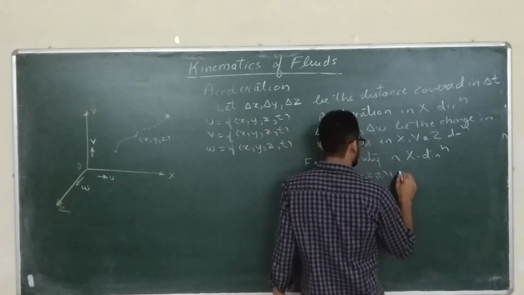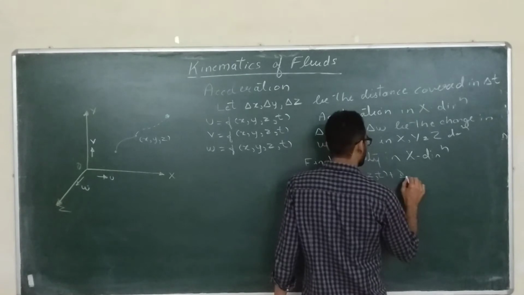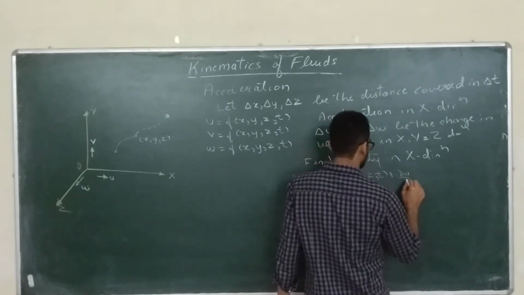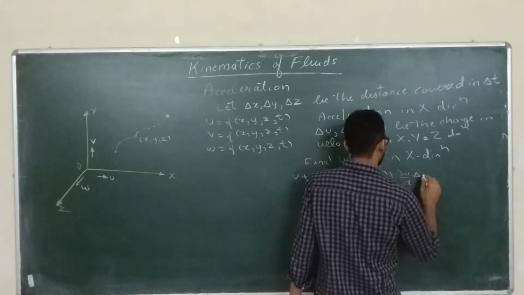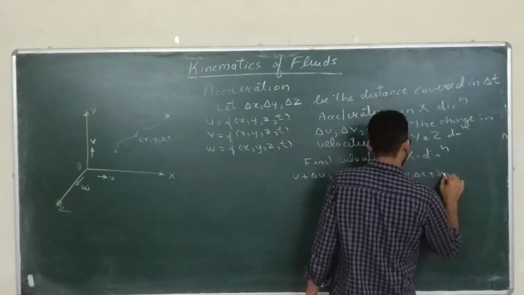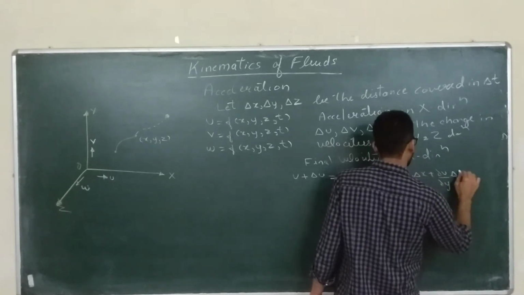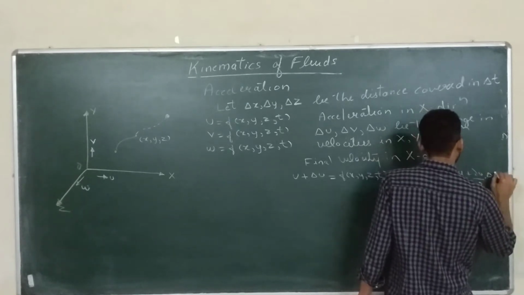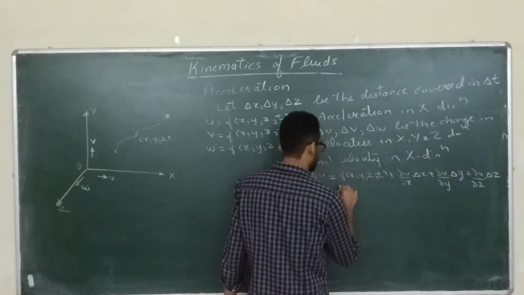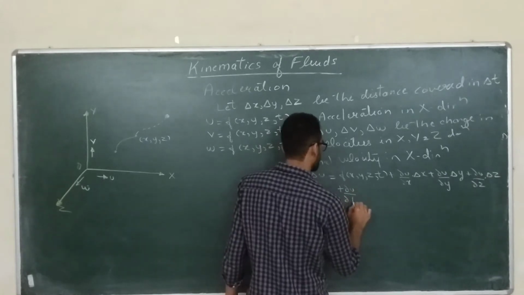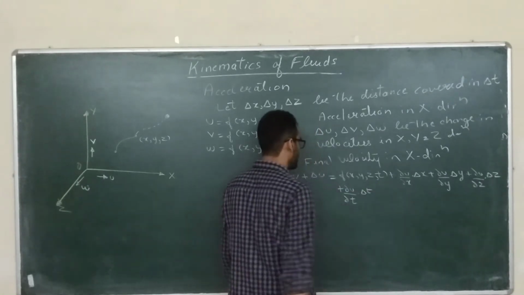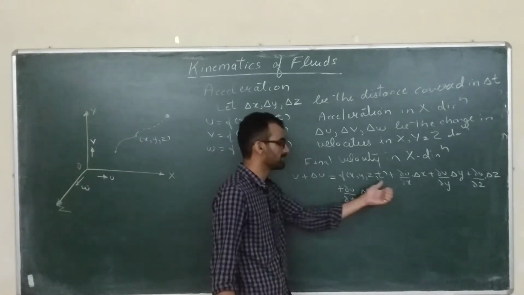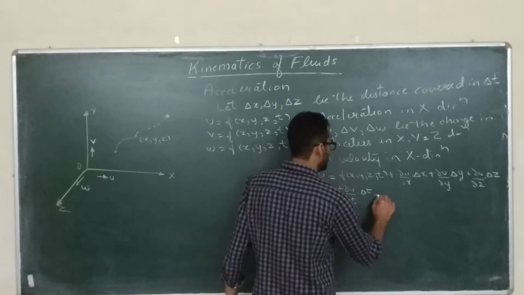Therefore we can write plus del u by del x into delta x plus del u by del y into delta y plus del u by del z into delta z plus del u by del t into delta t. So it can change with respect to x, y, z, and time t. So plus again higher order terms.